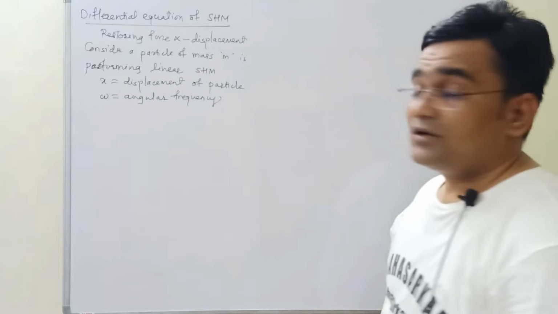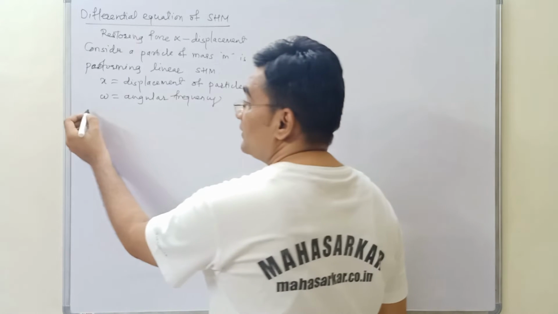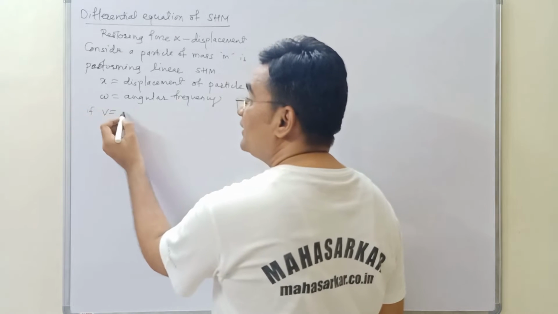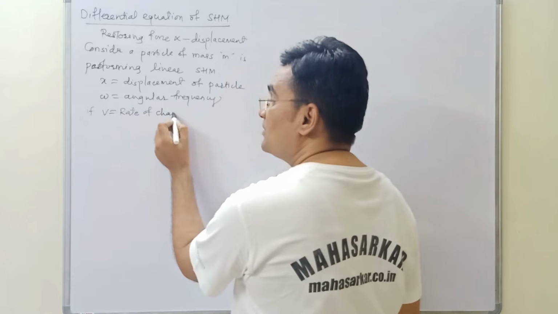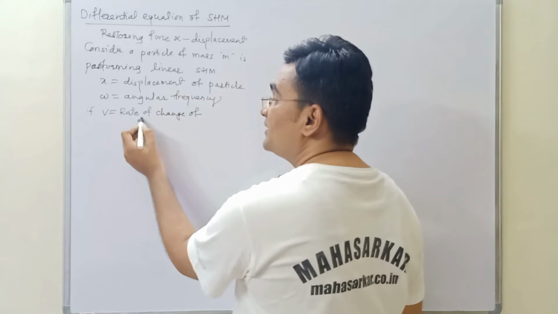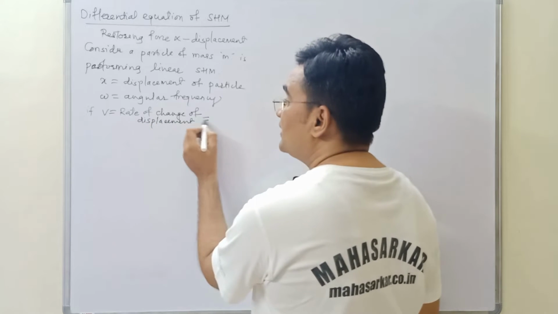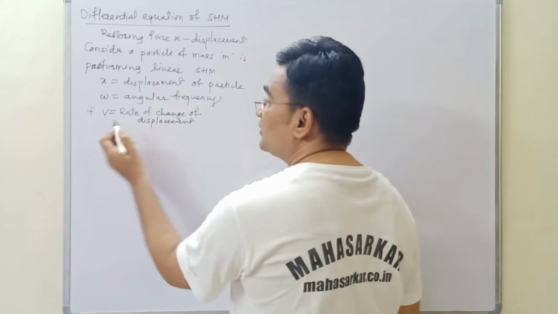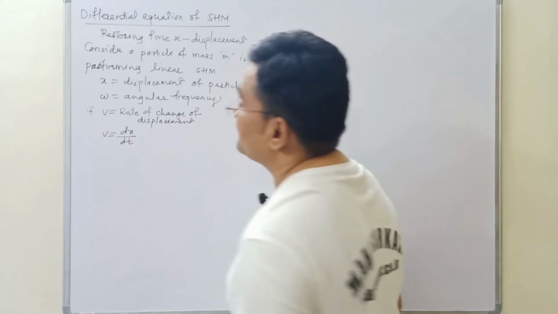Okay. Now, if you remember in mathematics, you have learned that if v is the velocity, then velocity is what? Rate of change of displacement. Therefore, we write velocity is equal to, in terms of derivative, dx upon dt.